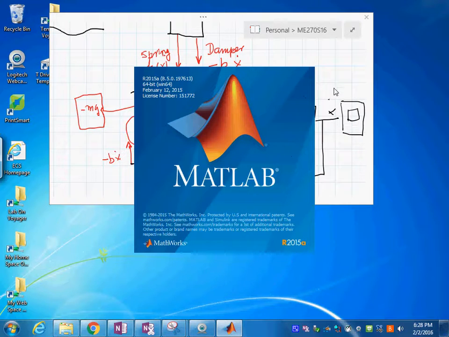MATLAB 2015 seems to take longer than 2013 to load, a lot longer.